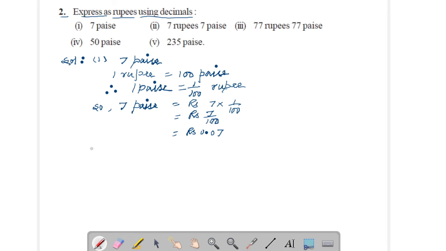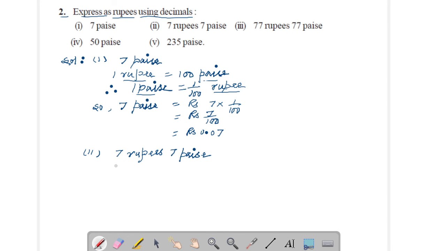Now come to second part. It is 7 rupees 7 paise. Here we know that 1 rupee equal to 100 paise. Therefore 1 paise equal to 1 upon 100 rupee.